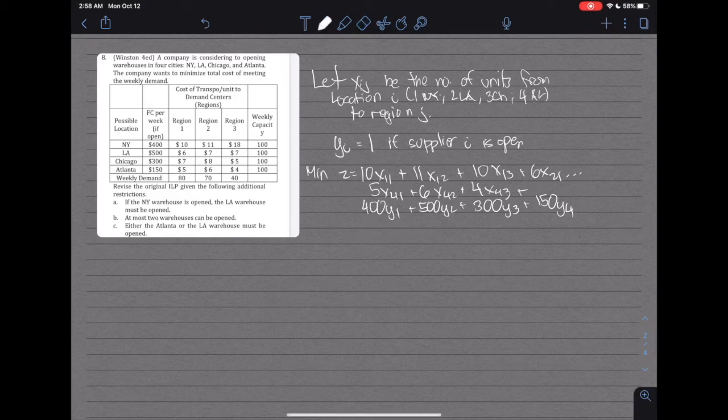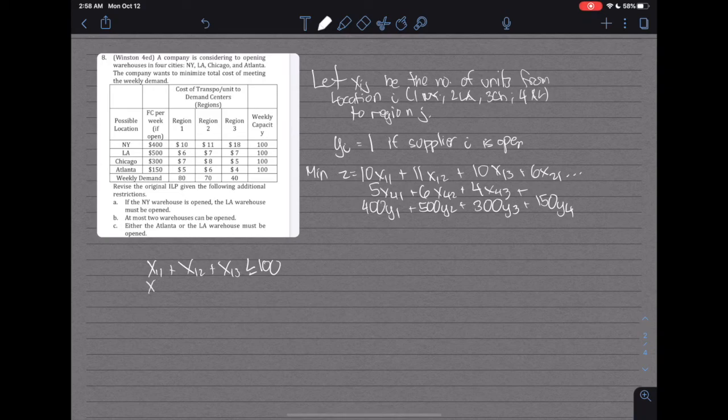Now for your constraints, let's first start off with your original or normal transshipment problem constraints. The supply should be less than or equal to the capacity of the plant. So for New York, that's x11 plus x12 plus x13 is less than or equal to the capacity of 100.